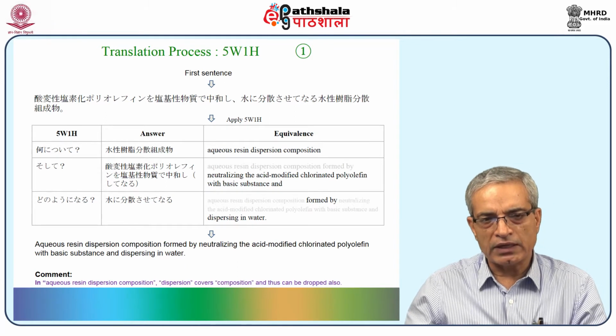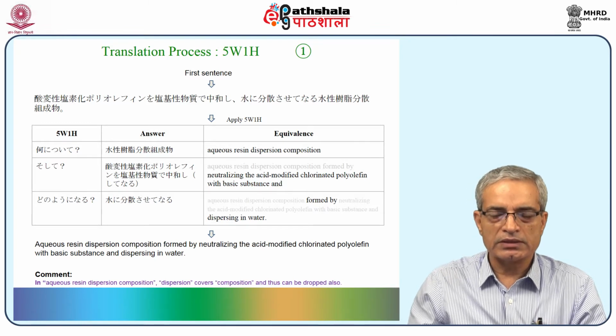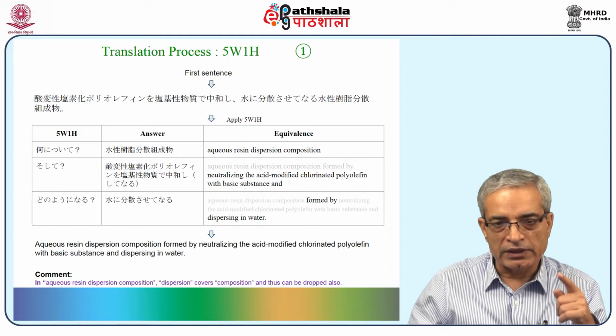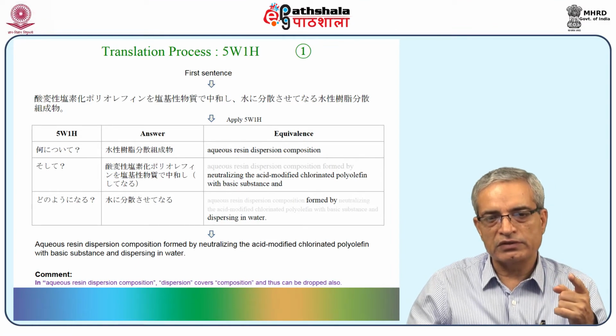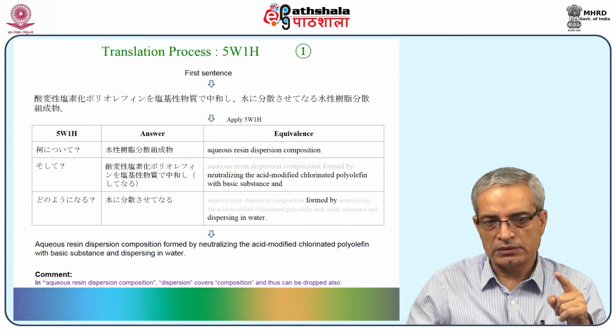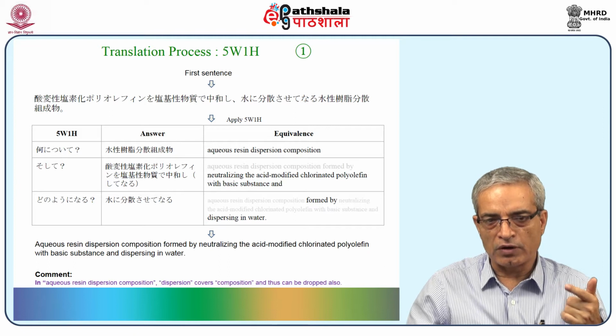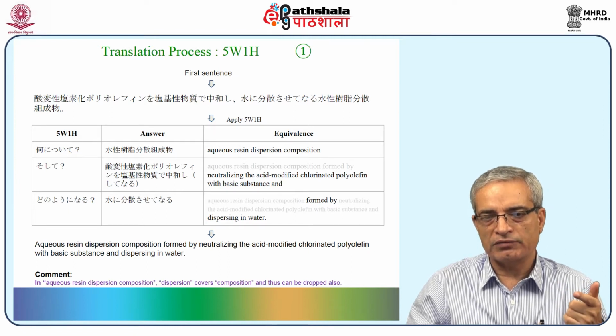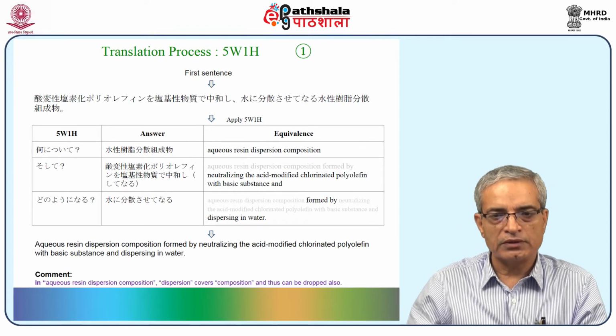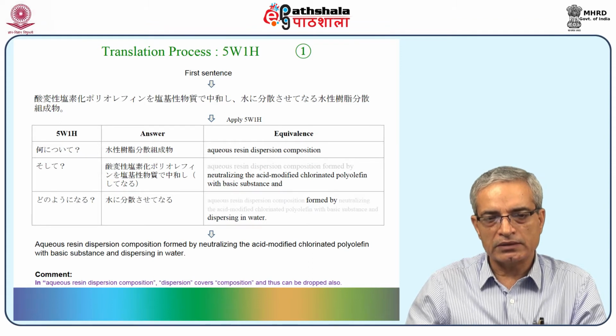And then after that, it is getting connected, te naru. That means te naru in this case. And the equivalent is given here. If we connect it with the previous one, aqueous resin dispersion composition was the previous one. Shte naru is actually picked up from the second clause, formed by neutralizing the acid modified chlorinated polyolefin with basic substance. And yes, next question.